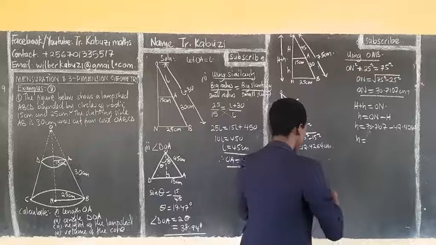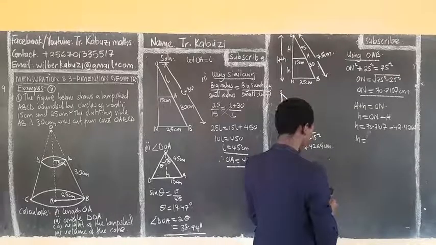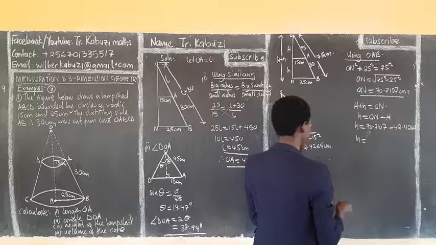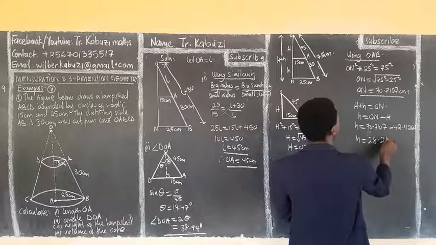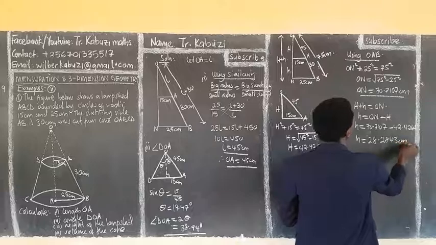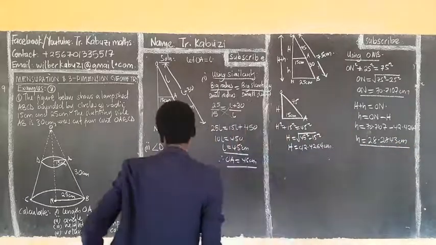We just get that and subtract the two. So the answer I'm getting is 28.2843 centimeters. And therefore, this is the height of the lampshade.